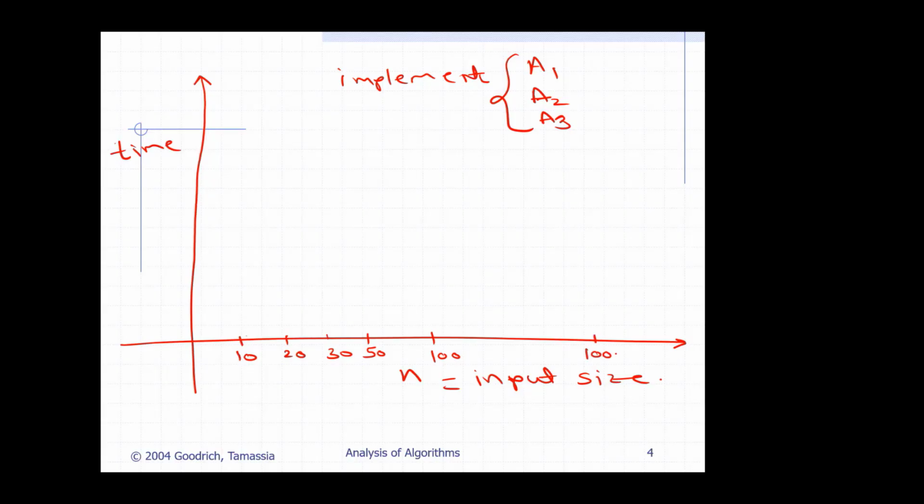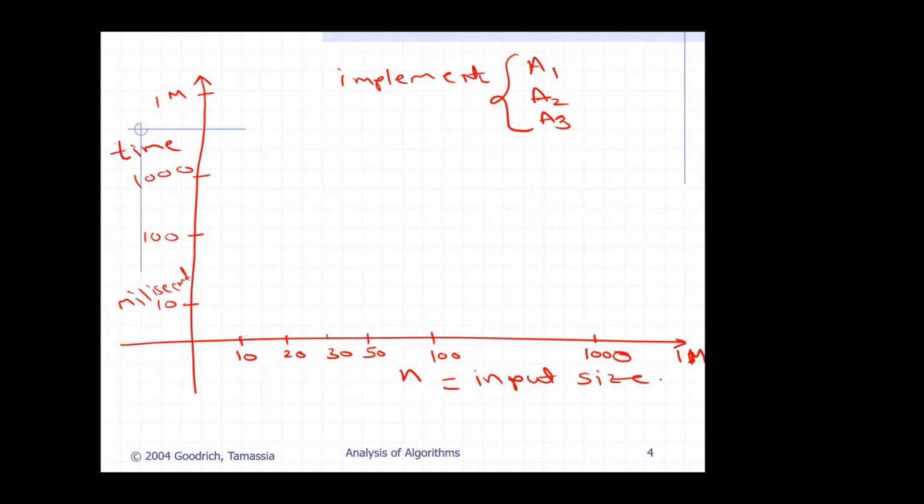Maybe this is 1,000. And in terms of time, a good unit might be millisecond or microsecond, so let's assume this is in milliseconds. After some time, maybe with 100, after some time, maybe with 1000, and so on. Now I'm going to change my input sizes and see how A1 behaves.